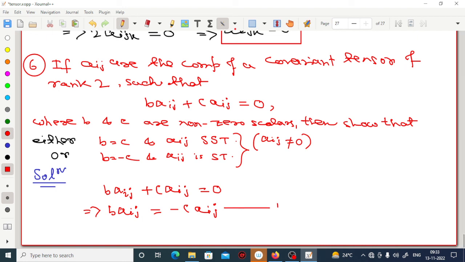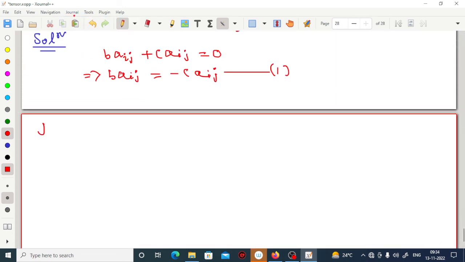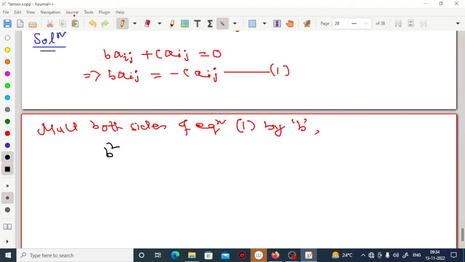I call this equation 1. Now write: multiplying both sides of equation 1 by B, B square of Aij is equal to negative BC of Aji.